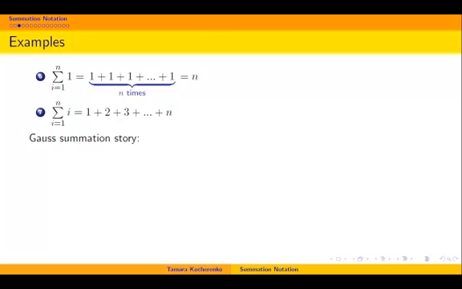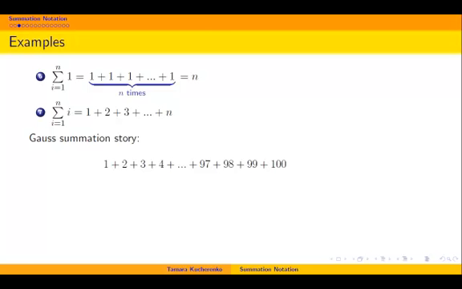Students were told to add all the whole numbers from 1 to 100. That is 1 plus 2 plus 3 plus 4 and so on, plus 97 plus 98 plus 99 plus 100.